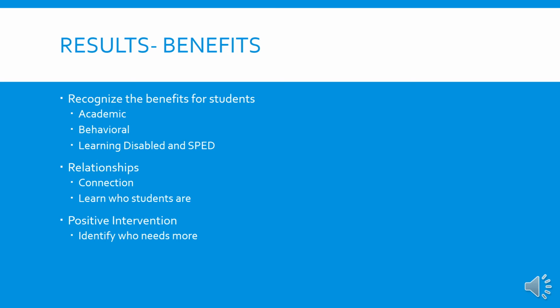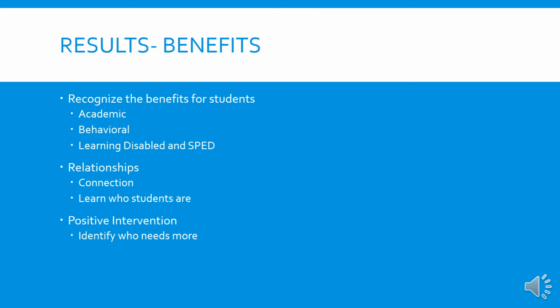Academically, students have historically been shown to have a higher GPA when there's effective social emotional learning happening at the school. There are decreases in behavioral referrals and behavioral problems in general.